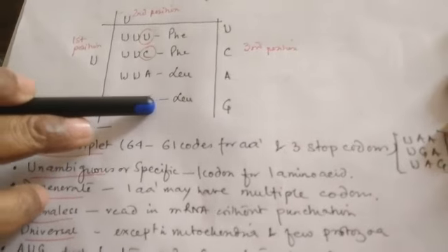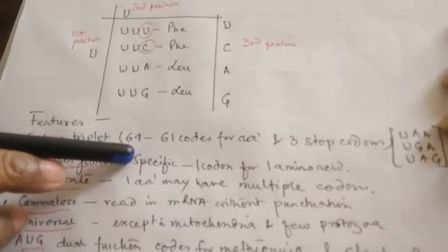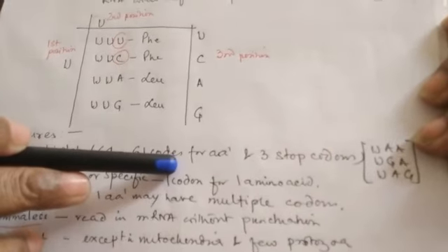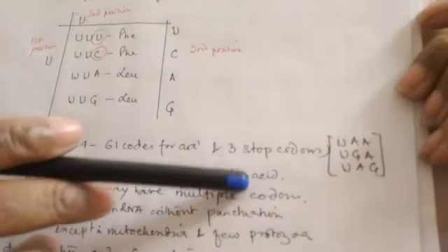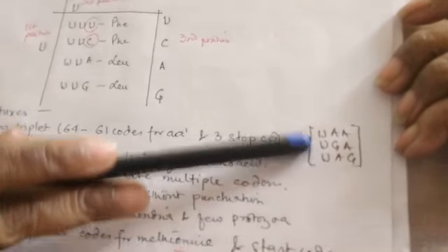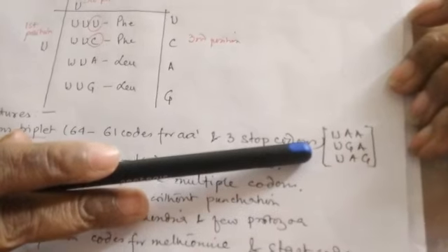Of the 64 codons, 61 code for a particular amino acid, but the rest 3 are the stop codons, which do not code for any amino acid. They give the stop signal for protein synthesis.